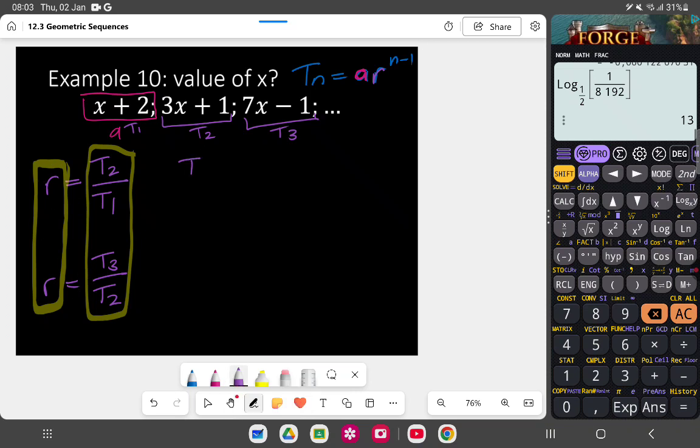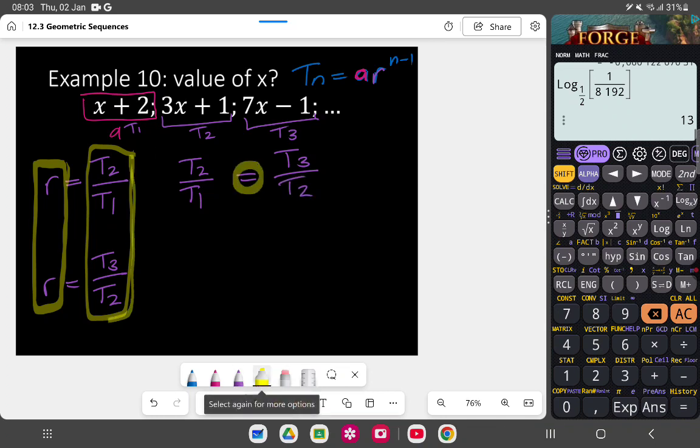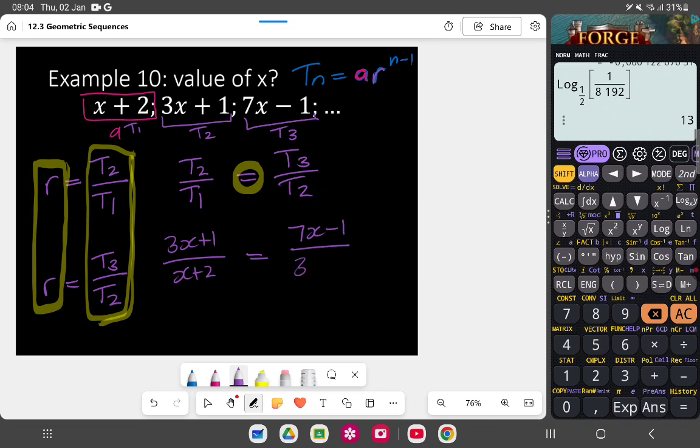I'm going to say term 2 over term 1 is equal to term 3 over term 2, and this equal sign is this yellow, right? I'm saying they are equal. Now let's substitute. 3x plus 1 divided by x plus 2 must equal 7x minus 1 divided by 3x plus 1. And I want to solve for x, right?